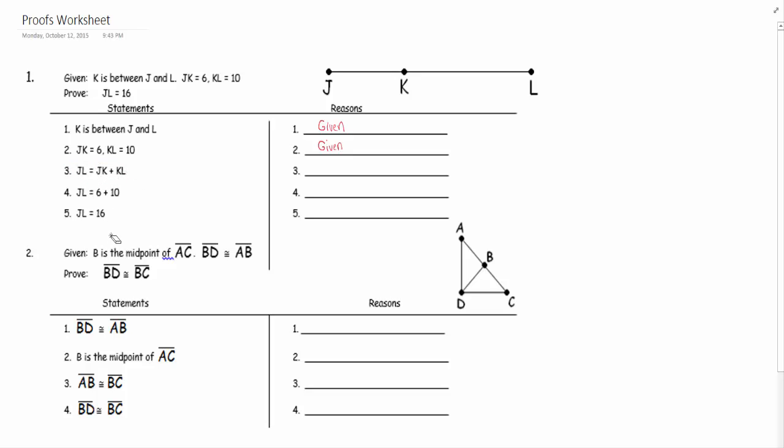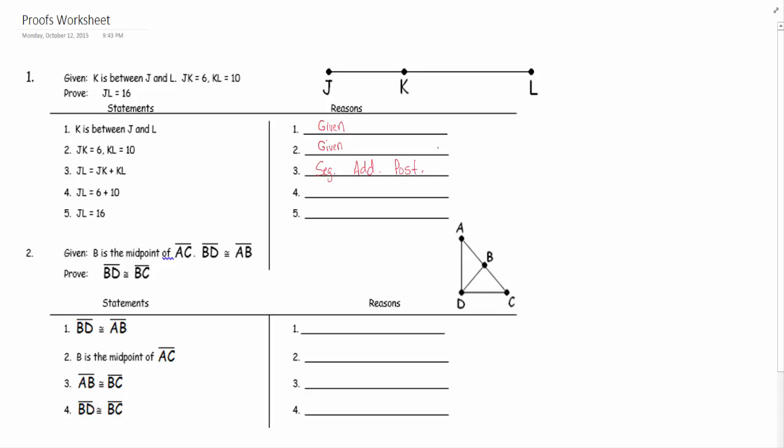What property or theorem or postulate told us we can do that? You have to remember, if I'm adding segments, like JL is my whole thing, it's equal to this guy plus this guy. You add two parts up, you get the whole. This was our segment addition postulate.